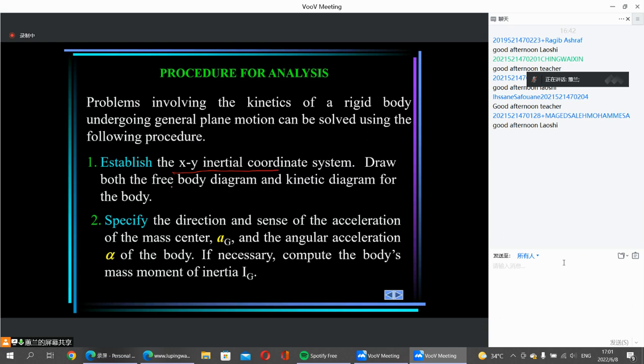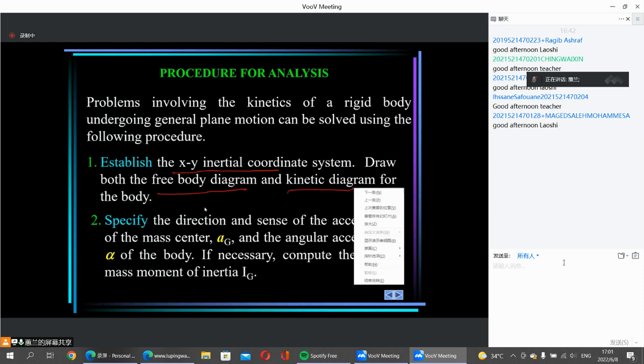And then we know it's very important that you draw the FBD for the real force system and then draw the KD. So it's very, very important you have the correct FBD and correct KD. When you draw the KD, you need to know the acceleration of the mass center and the angular acceleration of the body.